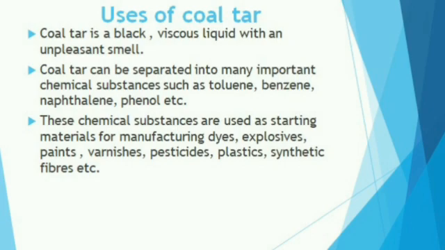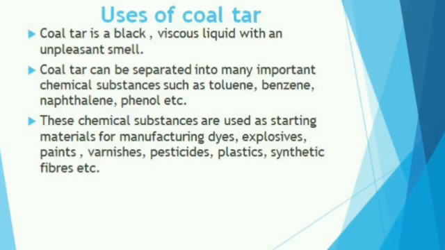It is obtained during the destructive distillation of coal. It is not a single compound, it is a mixture of more than 200 different carbon compounds. Coal tar can be separated into many important chemical substances such as toluene, benzene, naphthalene, phenol, etc. by the process of fractional distillation.